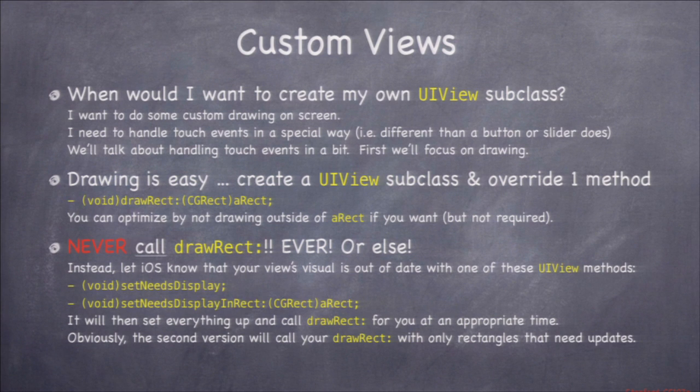Okay? The system knows when it's an appropriate time to call drawRect, update off-screen buffers, whatever heck it has to do. It's in control of that. Don't ever call drawRect. It just will not work to call drawRect. Okay? setNeedsDisplay. And you can do setNeedsDisplay in rect. That's giving the little optimization rect. Okay? But setNeedsDisplay is how you do that.